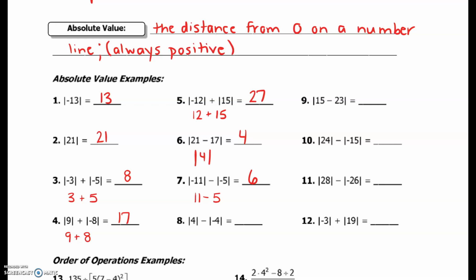In number 8, absolute value of 4 minus the absolute value of negative 4. Again, it turns positive. Notice though that the minus sign that is in the middle remains a subtraction symbol in the second step. So in this case we have 4 minus 4, which is equal to 0.